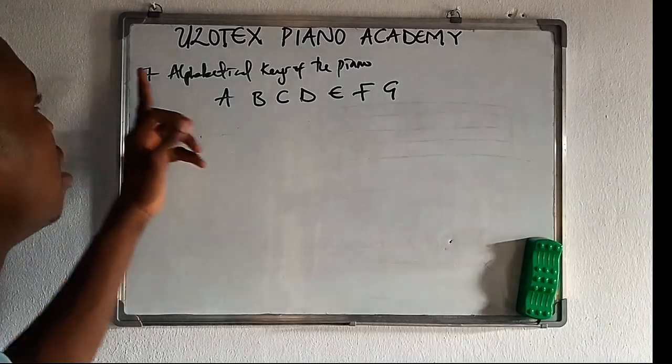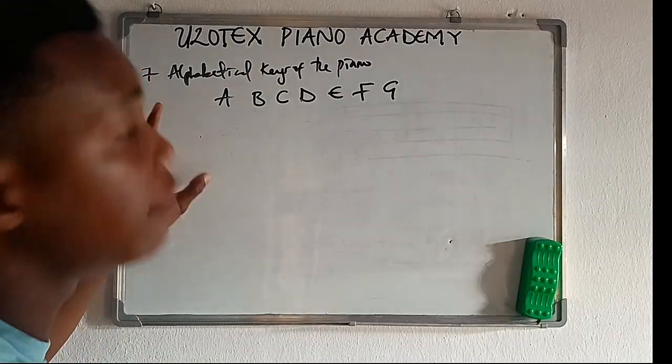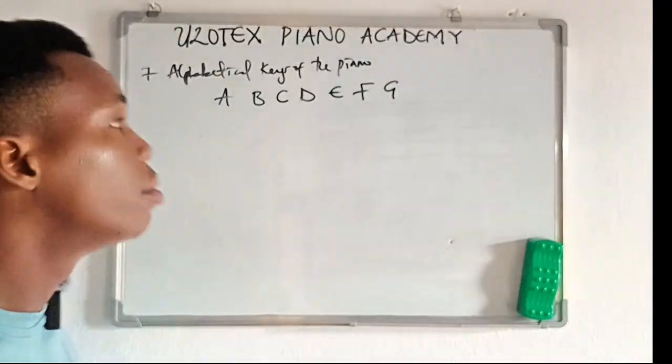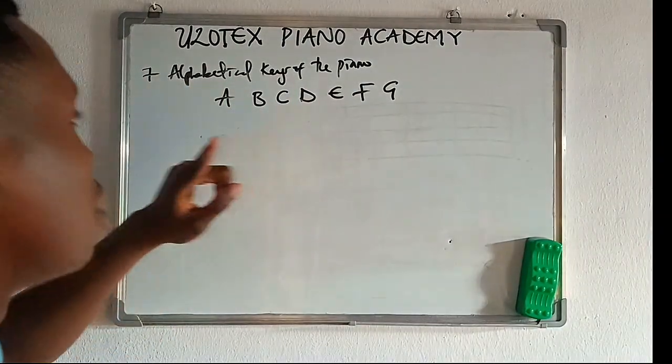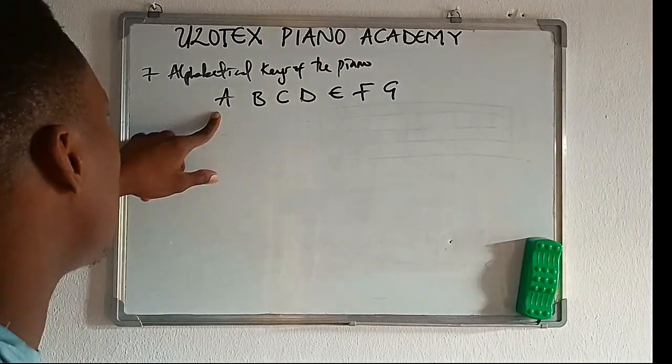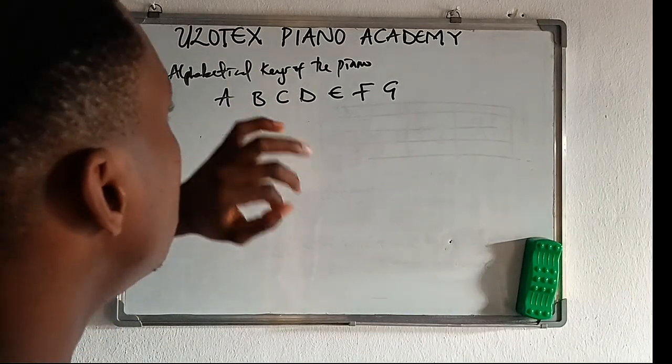These are the seven alphabetical keys on the piano, which are A, B, C, D, E, F, G.